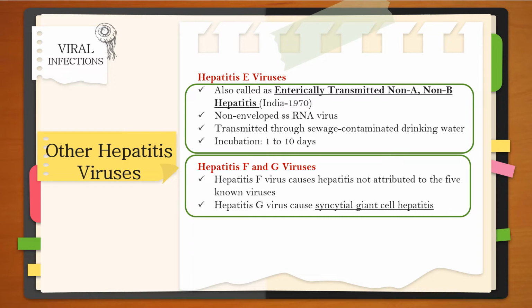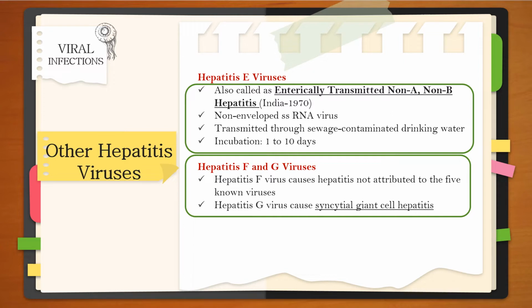This virus was first recognized in urbanized areas and countries with low standards of living and low standards of hygiene and sanitation, particularly in the 1970s, and was recorded to have occurred 20 years earlier in India. It has an incubation period of 1 to 10 days.